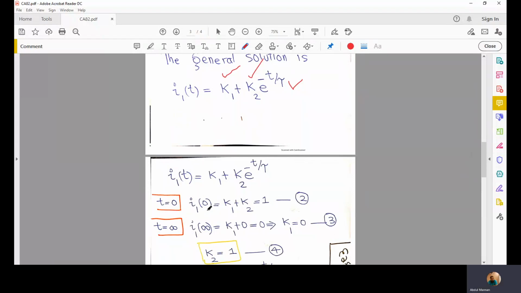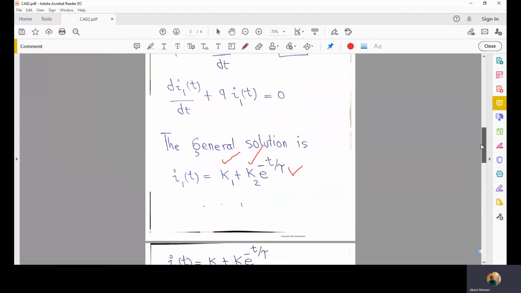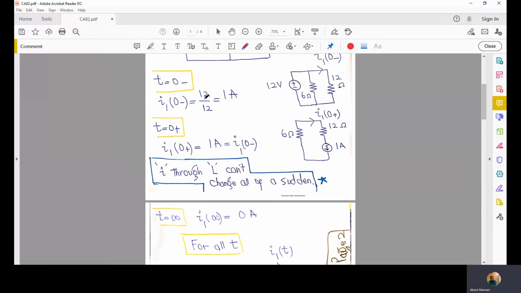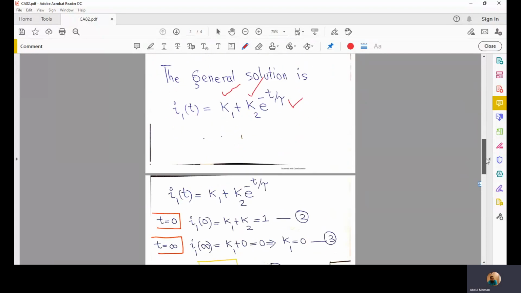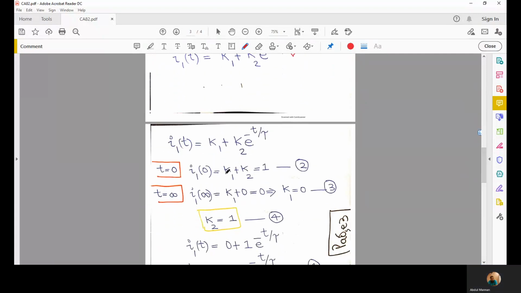We know that I1 at time t equals 0 is 1 ampere. So we'll put 1 here, and e to the minus 0, putting t equals 0, gives us a 1. So this becomes k1 plus k2 equals 1.